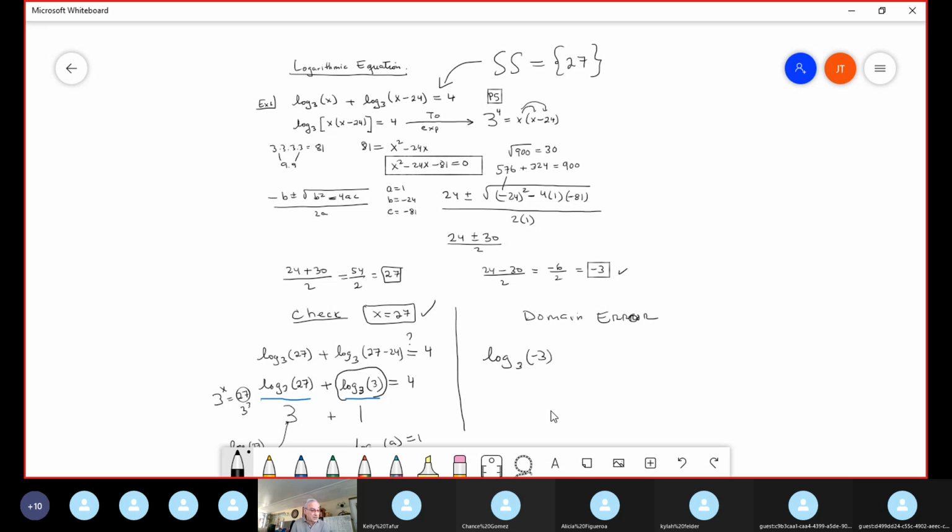Let's see in the next example, a linear equation, and you apply your own algebra. You determine the value, but you must check it in the original, because we are working with the picky function, the logarithmic function, which does not always give a solution.